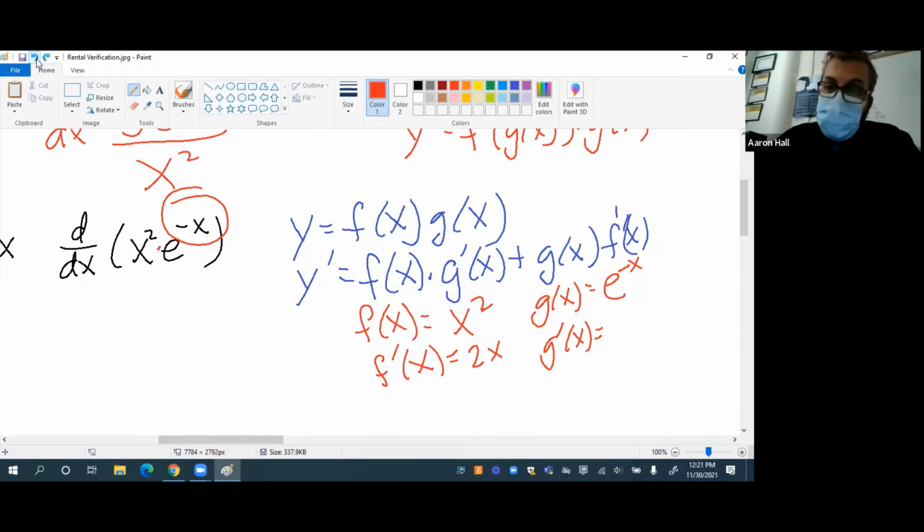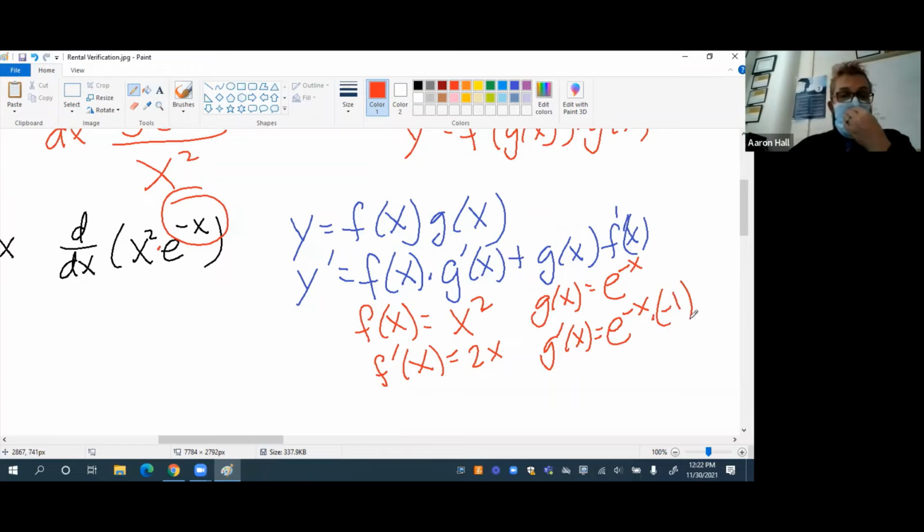So it's e to the negative x times the derivative of the inside function. What's the derivative of negative x? It's just negative 1.